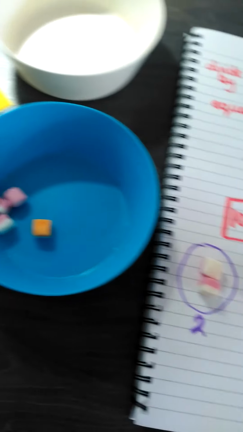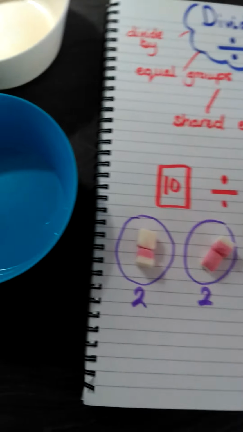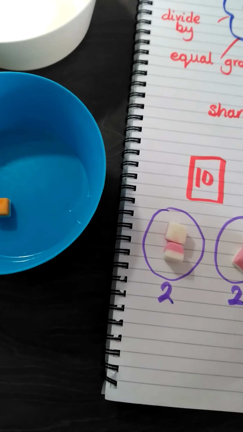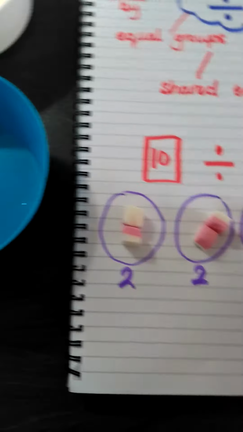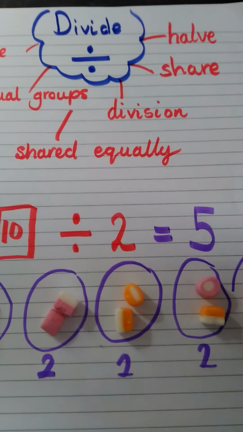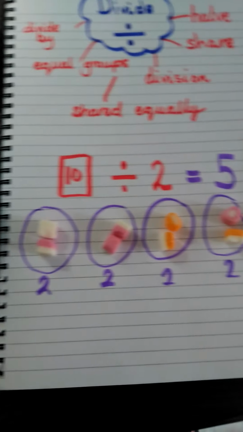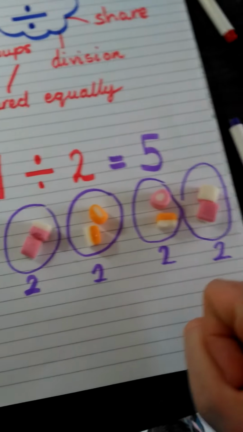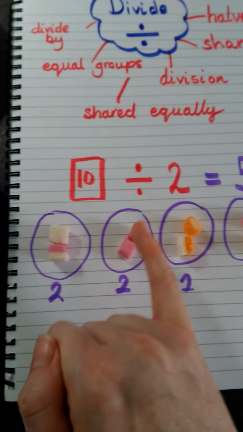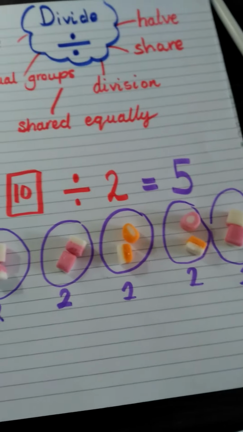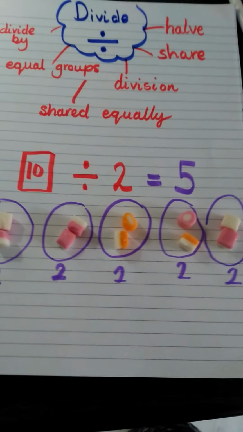I've still got some left, so I'm going to keep going until my whole number has been shared completely. Another group of 2, and another. I've got 2 more, so I'm going to put the other 2 there. Now they are all equal. I have shared my 10 into groups of 2, and I've got 1, 2, 3, 4, 5 groups of 2. So there are just 2 ways of doing it.